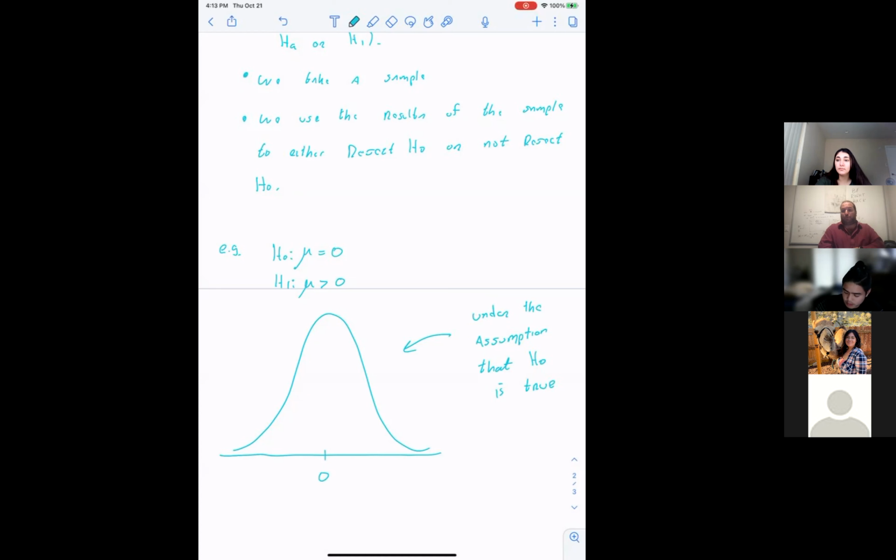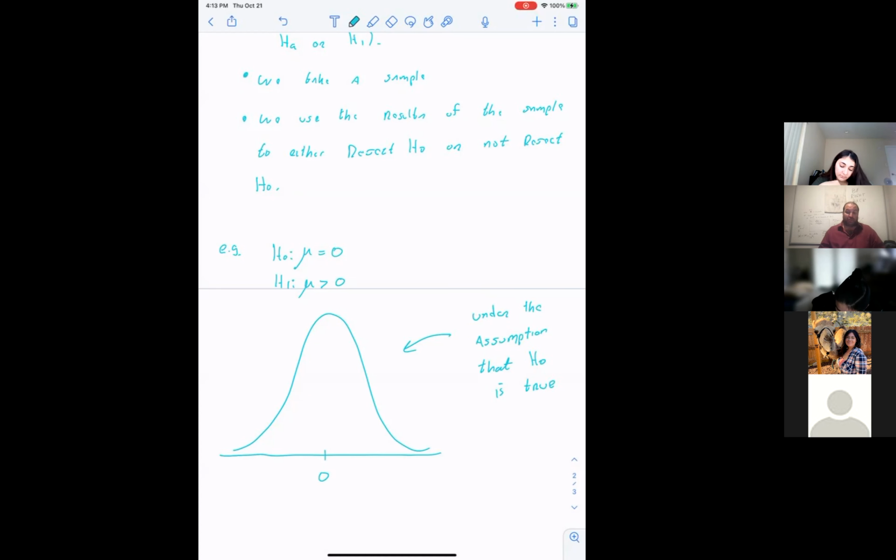Would a sample mean of 1200 make me reject the claim that it's equal to 0? If I got a really, really big sample mean, would you come along and say, yeah, maybe 0 wasn't right to begin with? Maybe it's actually greater than 0 like you were claiming.